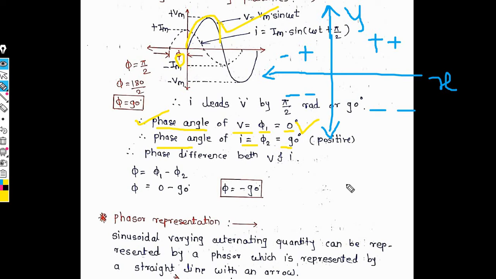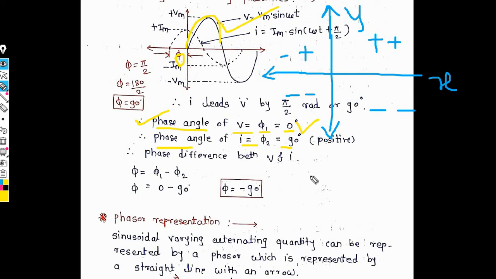That is, in phase angle quantity, the current waveform will be moved. That means in lagging quantity, the current waveform will start after the voltage waveform, but in leading quantity the current waveform will start before the voltage waveform. Now this is the difference between voltage and current.